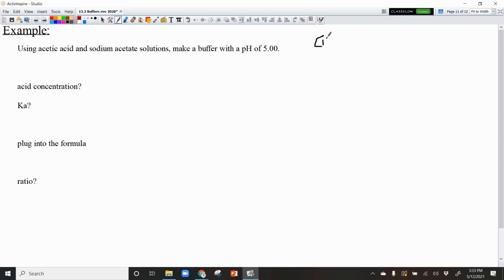So the concentration of the hydrogen ion is equal to Ka times the acid over the base. Okay, so this right here is what we're looking for. Okay, we need to know how much acetic acid and how much acetate to put in the solution to make this. So we know the pH here is 5.